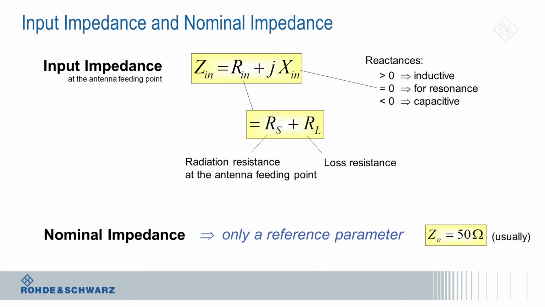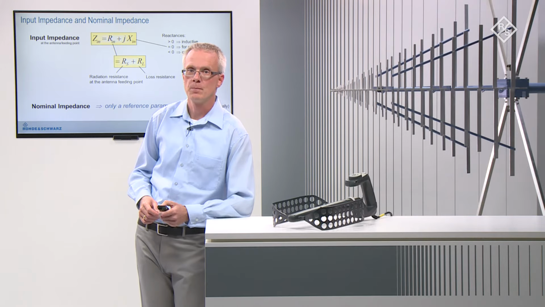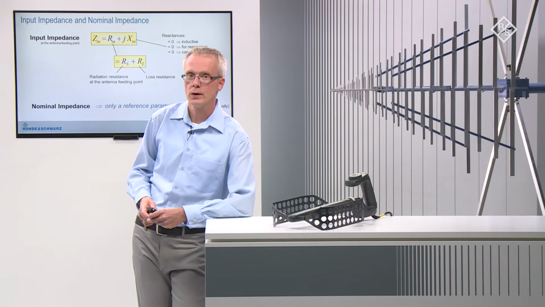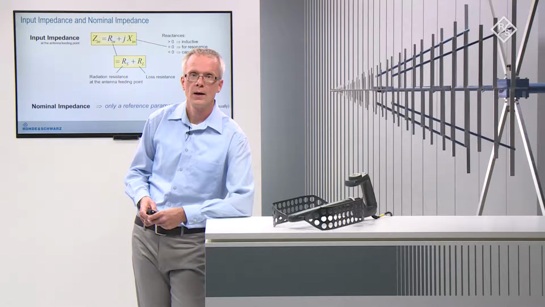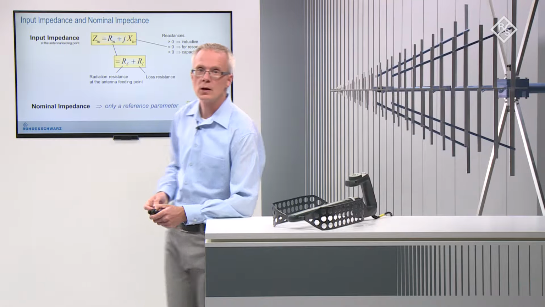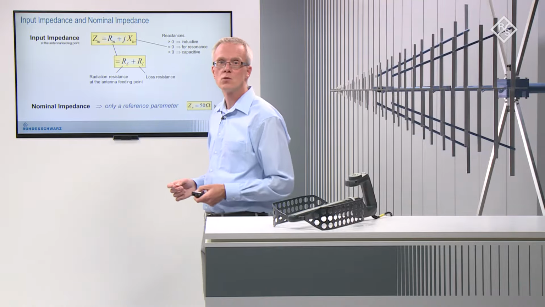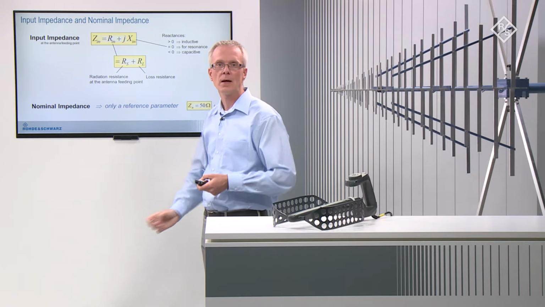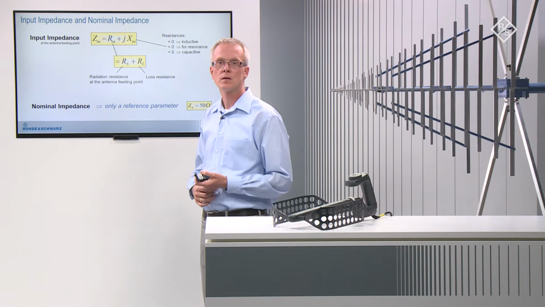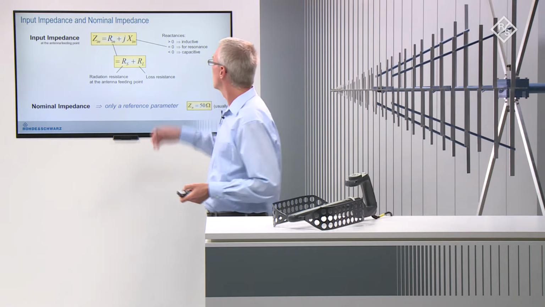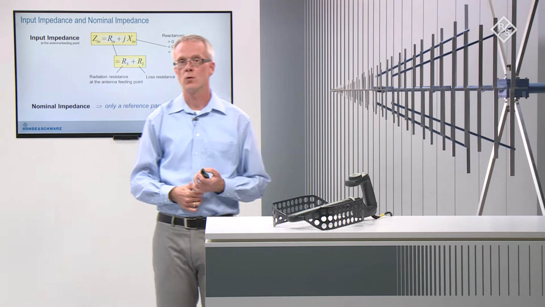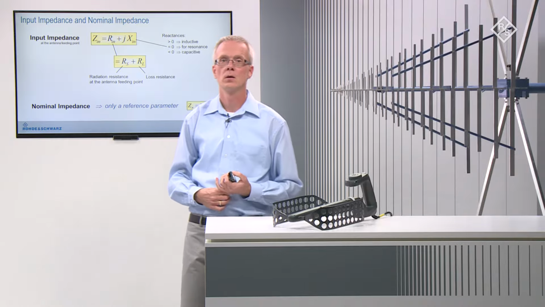One of the most important parameters of an antenna is its input impedance, Z sub in. This is actually the impedance that is present at the antenna feed point or terminal. It consists of a real part, which can be split up into the radiation resistance R sub S and the loss resistance R sub L. But usually there exists also an imaginary part, X sub in, unless the antenna is at resonance, where X sub in equals 0.